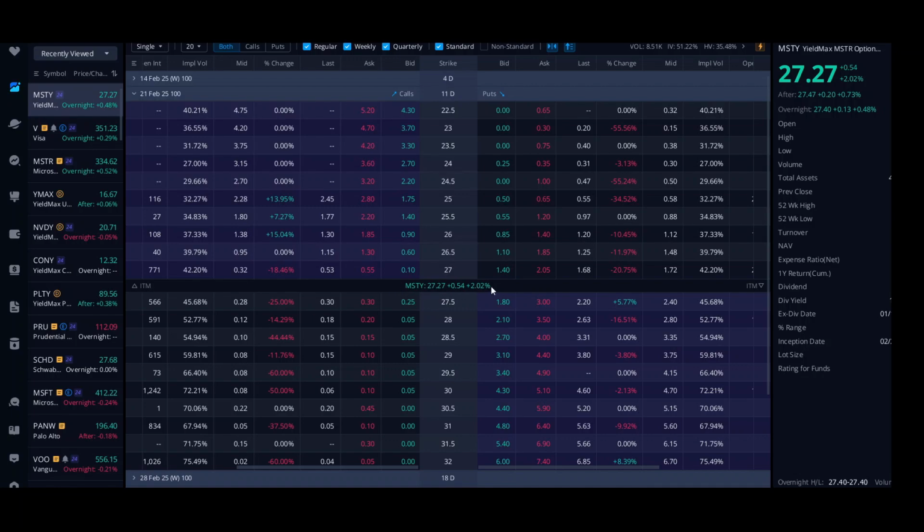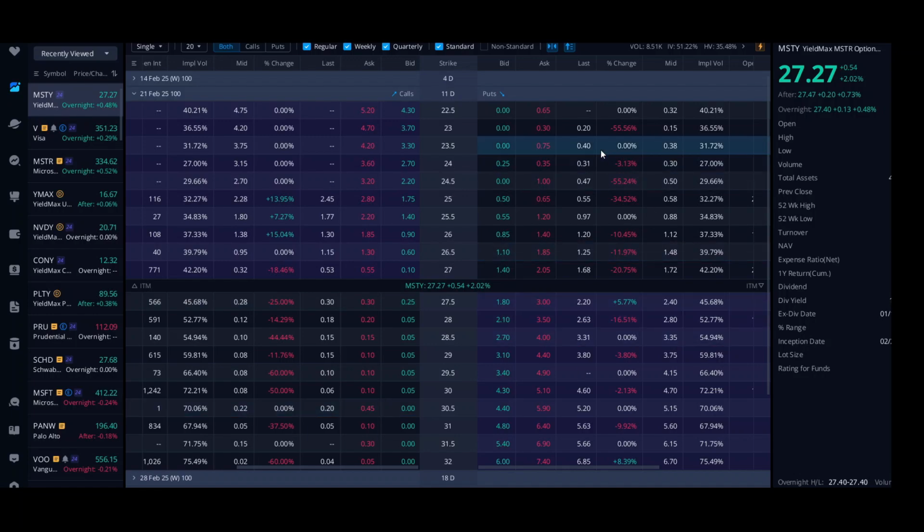The one in the middle, 27.27, is the current price, or in this case, the closing price for the day. On this side are the puts, as you can see up here, and this side is the calls. You might be able to tell a little color difference here: this is more a bluish purple shade, and this down here is gray and black, and it's the opposite for this here.